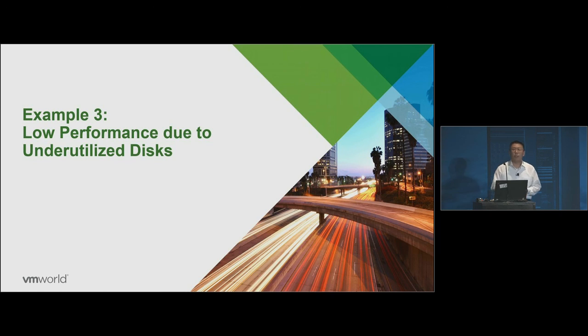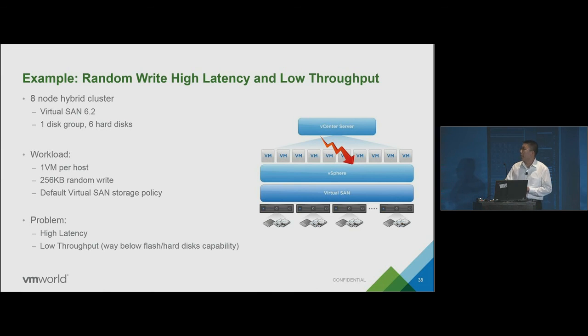Next, let's look at another common workload, which is a random write workload. Again, this is running on an 8-node hybrid cluster that has a Virtual SAN 6.2 release. Then there are 6 hard disk drives in each of the disk groups.